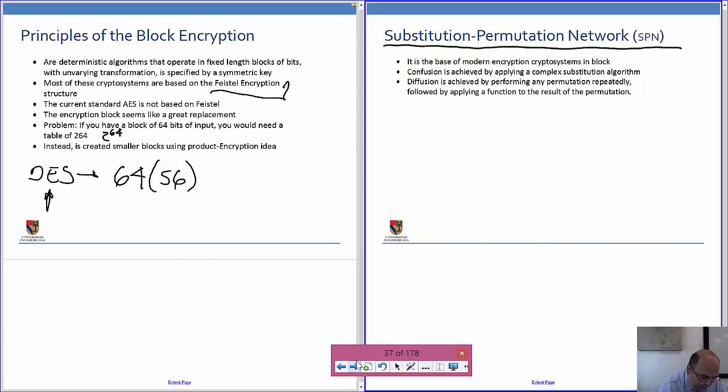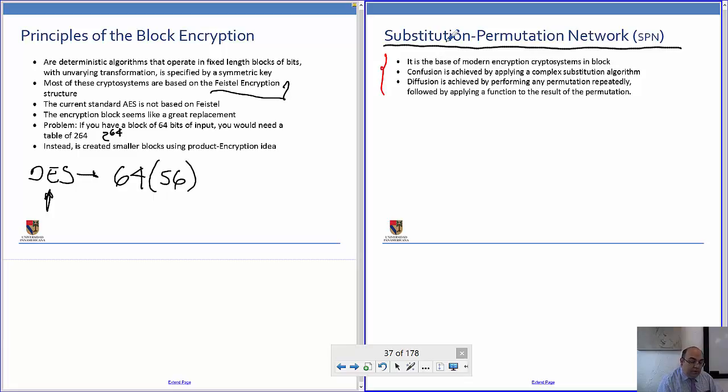And one thing I forgot. The other day I forgot to tell you about these things. It was like one of the last slides. Remember that we talked about a substitution permutation network. Instead of having a really large substitution and a really large permutation, we are going to have a network of small substitutions and permutations.